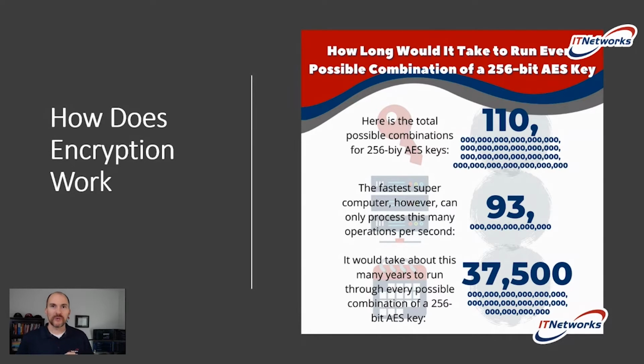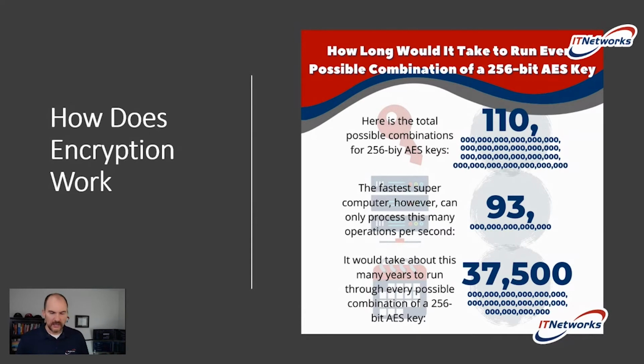The fastest supercomputer in the world can only process 93 trillion operations a second, which is a lot. It would take that supercomputer 37,500-some years, a massive number with a whole bunch of zeros, to cycle through all the different variations of that encryption key. So it's pretty secure. There's not a whole lot of need, based on today's technology, to encrypt at a higher bit rate than 256.